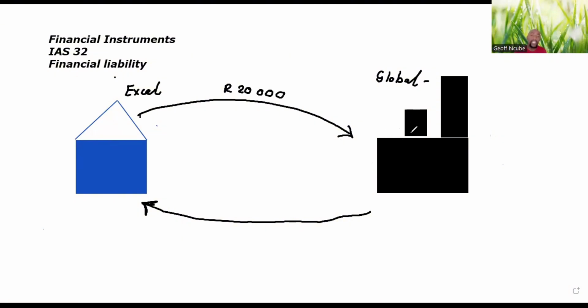And Global is supposed to return the money within 90 days. So that means there was a contract. We don't know whether it was verbal, but we assume it was a document, so both parties signed to say, I'm giving you this money, please give me my money within 90 days. But the scenario told us that Global has not yet paid within 90 days.